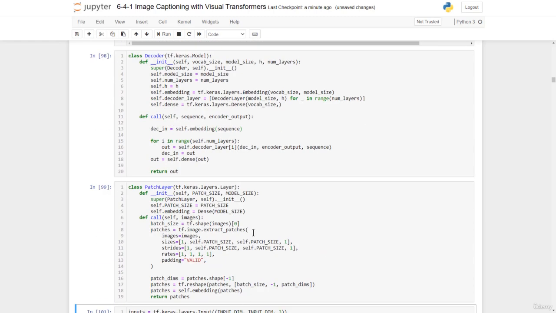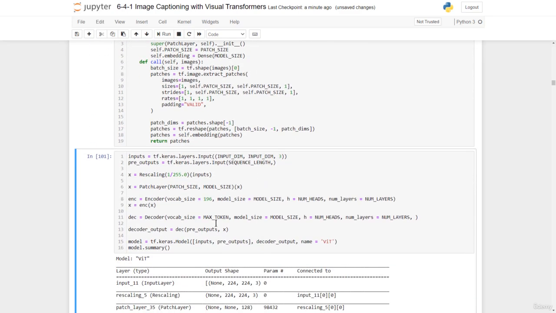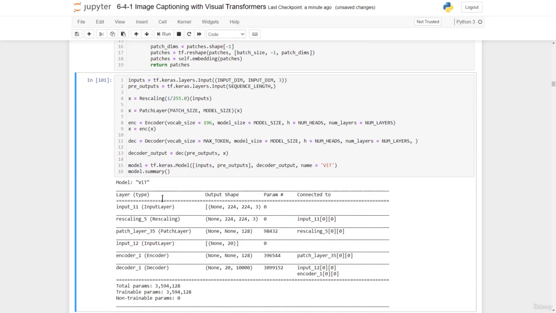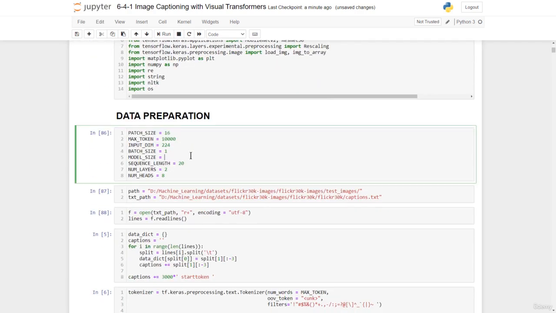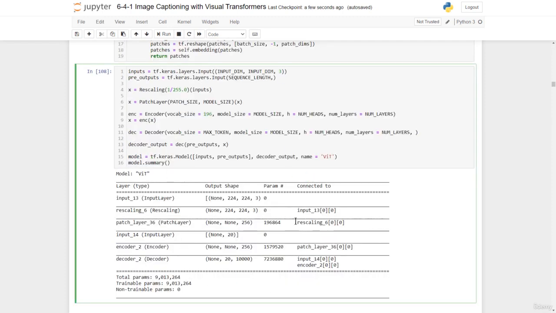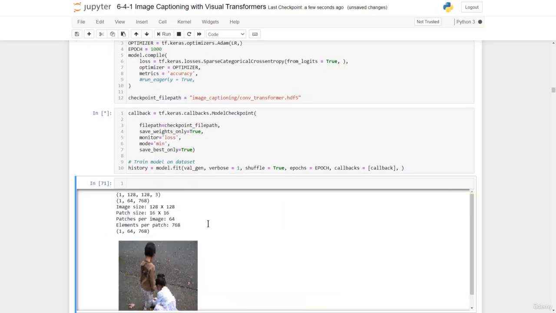For this section, we shall just go ahead and train it from scratch. So there we go. We have this model. Let's increase the model size. Let's take, say, 256. And there we go. We have our model with model size 256. We now go ahead and train our model.